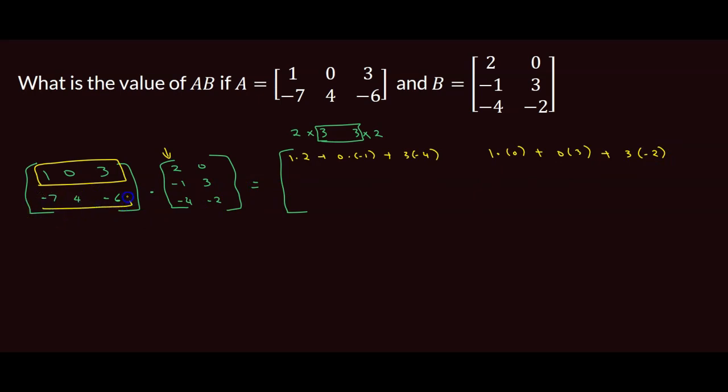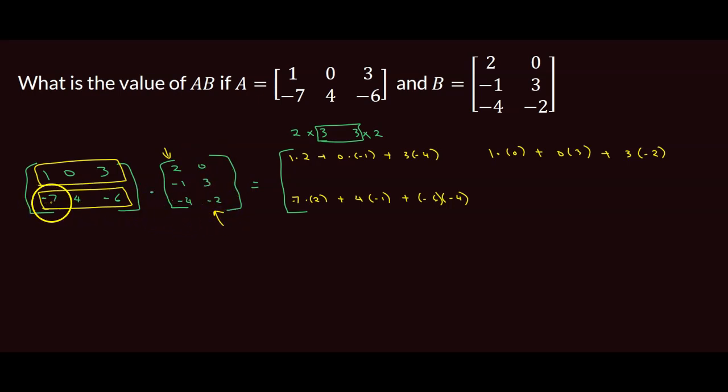Now we go for the second row on the matrix on the left side. Negative 7 multiplied by 2 plus 4 multiplied by negative 1 plus negative 6 multiplied by negative 4. So now we go over to the second row, the second column on the matrix on the right.